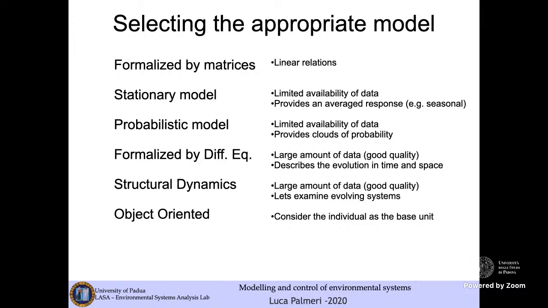Then you may ask yourself if the model may be formalized by differential equation. This is, of course, the choice if you have a large amount of data of good quality and if you need to describe the evolution of a system in time and space.